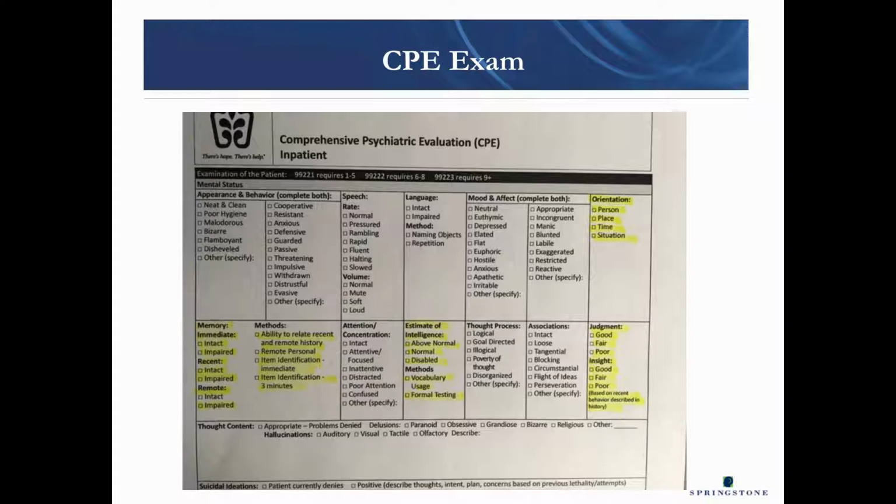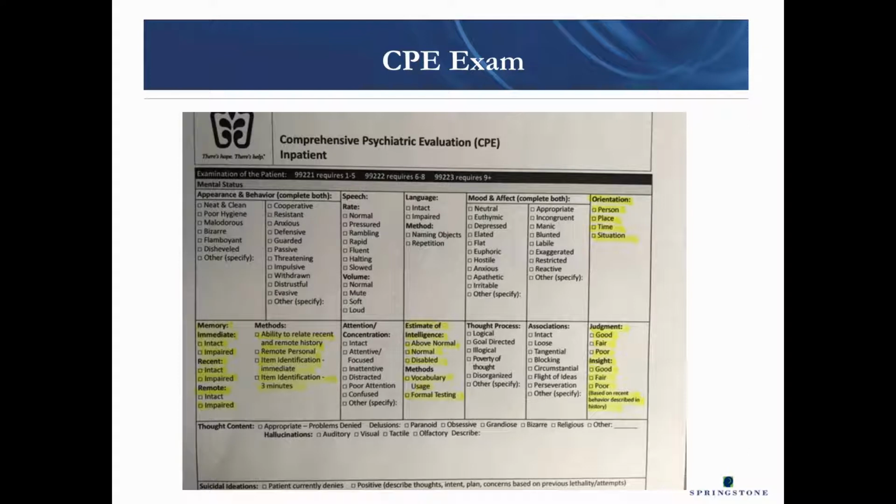Calling your attention to the highlighted sections, orientation, memory, estimate of intelligence, and judgment and insight. And you can see in some of these I've included methods, so it is a way for you to identify how you determine them. So for memory, for instance, if you check recent and remote are both intact, you can check that you used ability to relate recent and remote history and remote personal history as the 2 ways that you determine that.